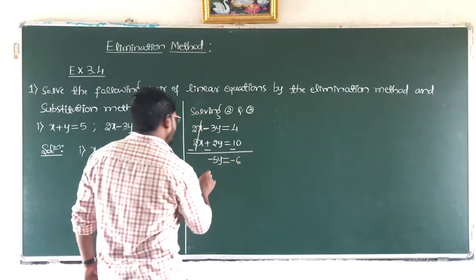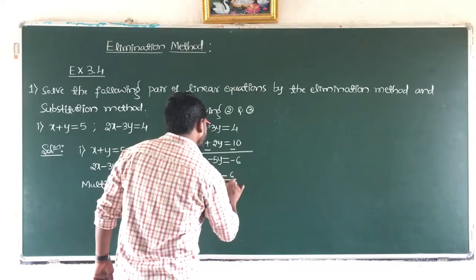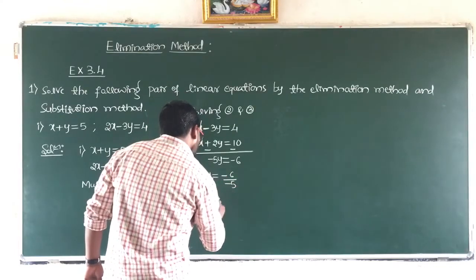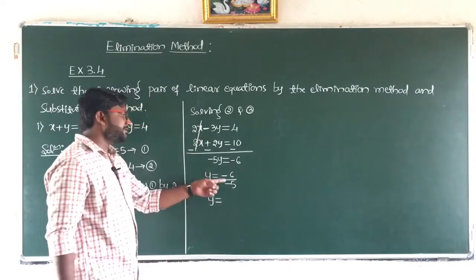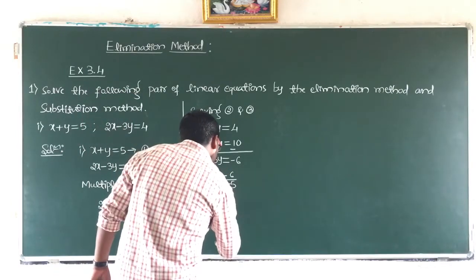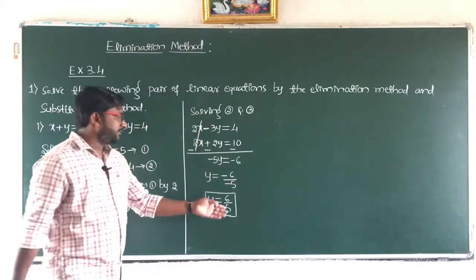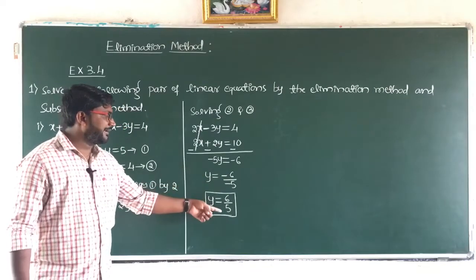Then y equals minus 6 divided by minus 5. Minus by minus is plus. We get y equals 6 by 5. Now we have eliminated x and we got the value of y.